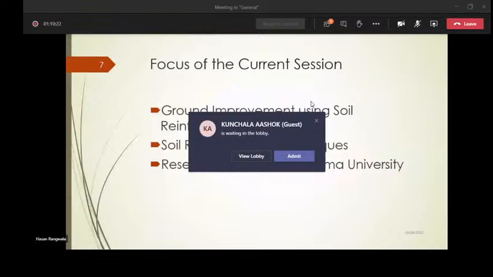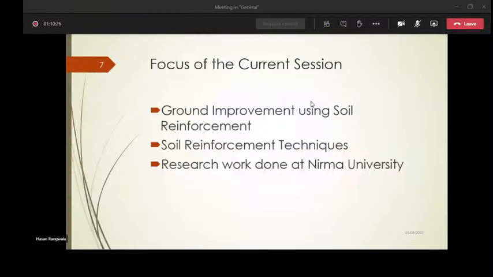What this particular session will focus upon is the ground improvement method using soil reinforcement that we have discussed. What are these soil reinforcement techniques? We will also show some of the research work which has been done at a nearby university.